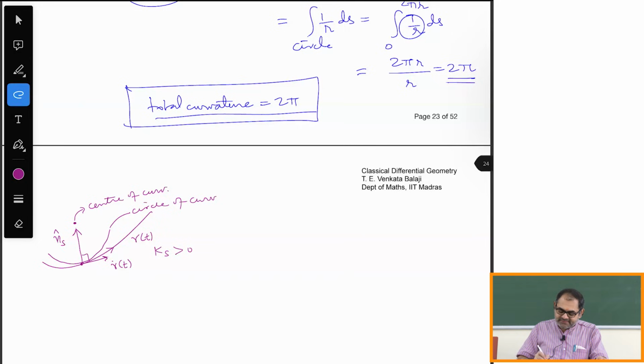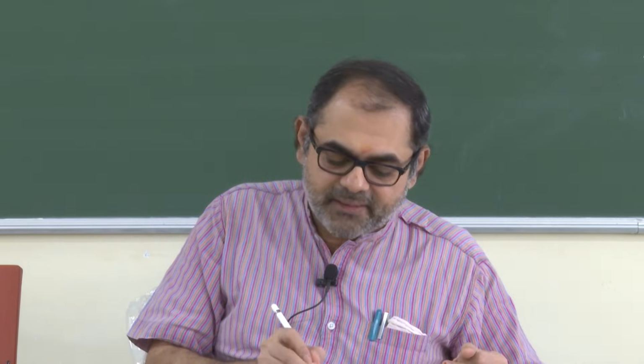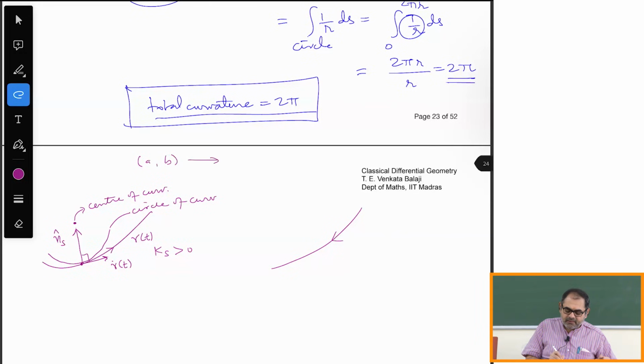And let us just reverse the orientation of the curve, the same picture. So take the curve like this, so I am now going like this. And how will you reverse this orientation? If the parameter t is increasing from A to B, where A, B is the parameter interval on which gamma is defined, mind you, this gamma is defined by a map from an open interval A, B on the real line into R2.